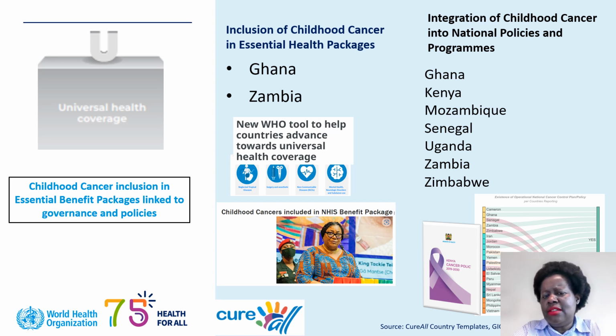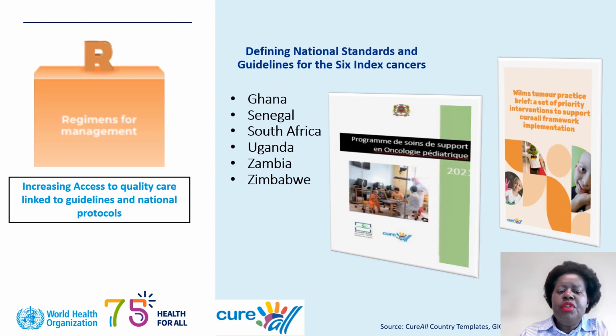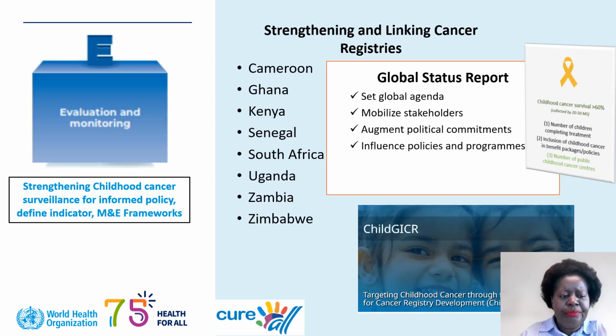Integration of childhood cancer in national policies has been seen in Ghana, Kenya, Mozambique, Uganda, Zambia, and Zimbabwe. When we look at defining national standards and guidelines for treatment, we have seen Zimbabwe coming up with their first national treatment guidelines for childhood cancer. And we have Zambia developing those guidelines, as well as Ghana, Senegal, and South Africa.